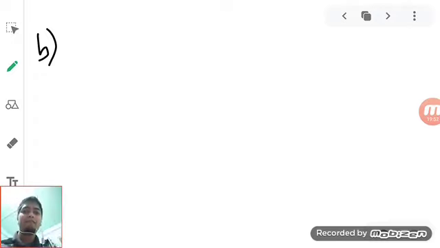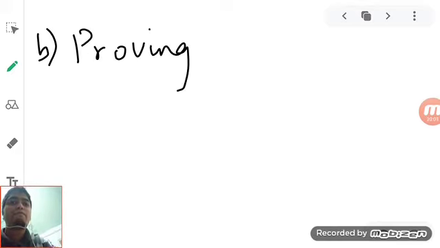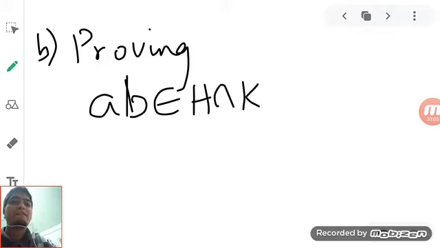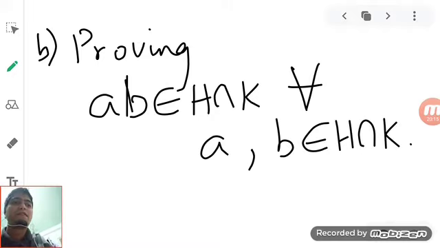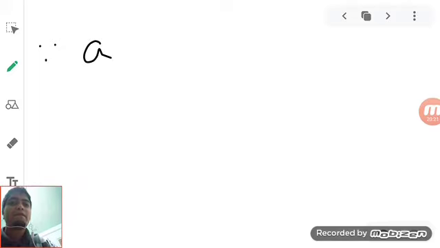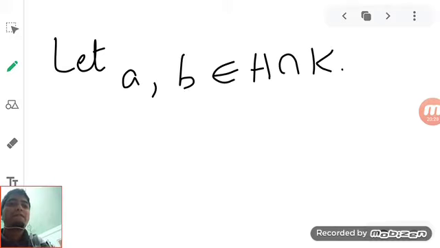Condition B is proving AB belongs to H intersection K for all A, B belongs to H intersection K. So how will we do this? Let A, B belong to H intersection K. So what can we say?